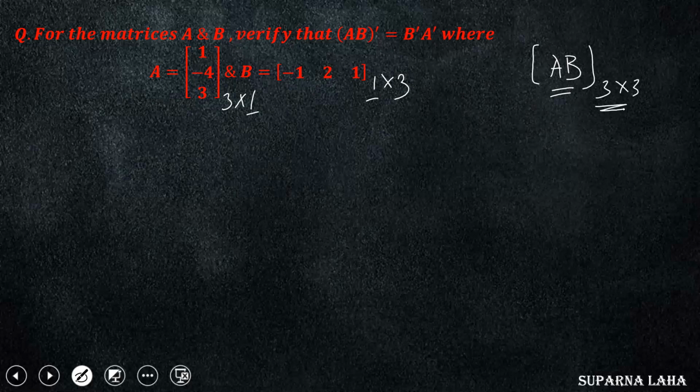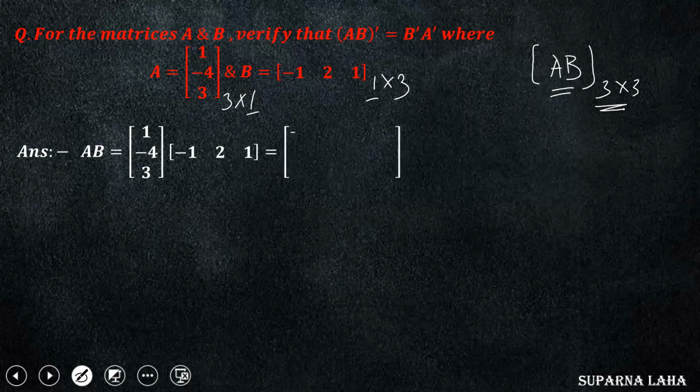So first find the matrix multiplication AB. What is AB? A is 1, -4, 3, and B is -1, 2, 1.